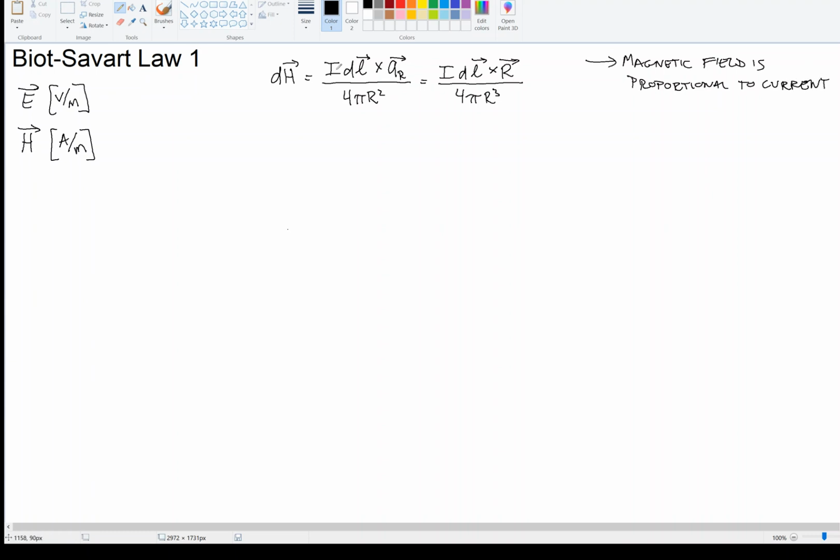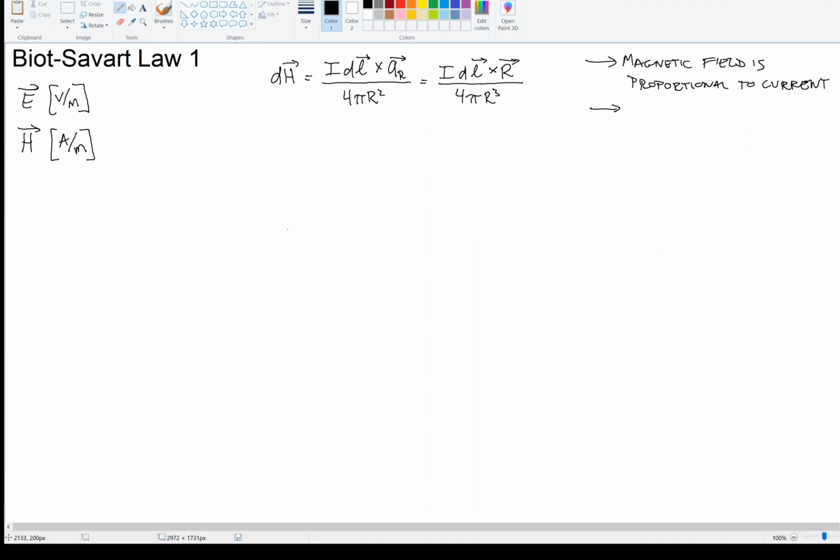Well, I see I. Everything is multiplied by I. That means if you have zero current in your wire, then you have zero magnetic field due to that wire. If you double it, then the magnetic field doubles. Triple it, the magnetic field triples. Everything that you would say about proportion here is true. And that makes sense. So the more current, the more magnetic field you have. That's pretty cool.